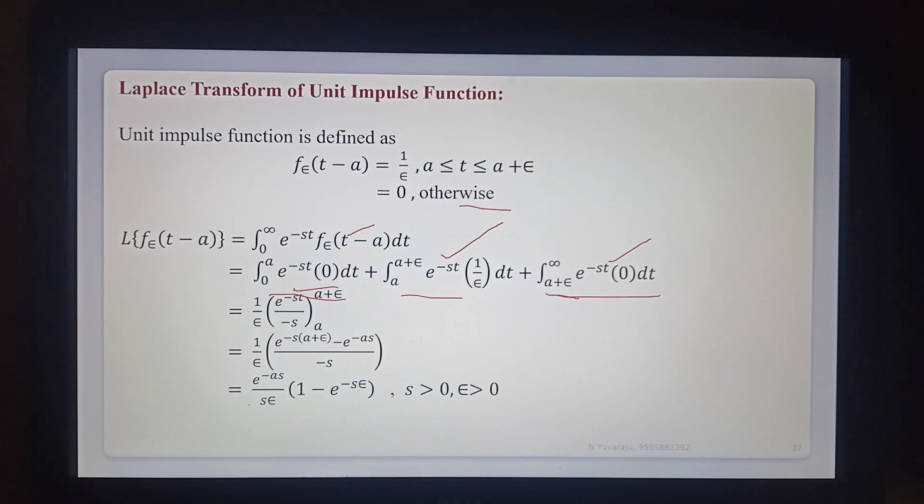Now simplifying, e power minus as is common, with denominator s into epsilon, and the minus is also common. So 1 minus e power minus s epsilon, where s is greater than 0 and epsilon is greater than 0. So this is the required value of the Laplace transformation of the unit impulse function.